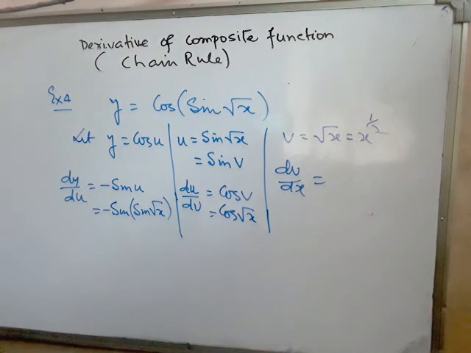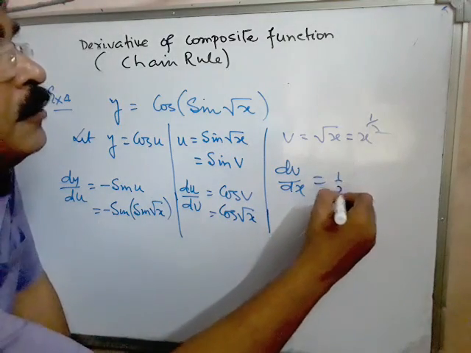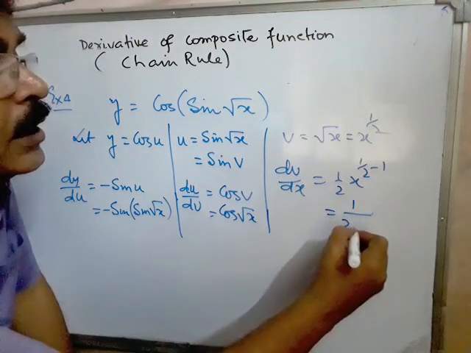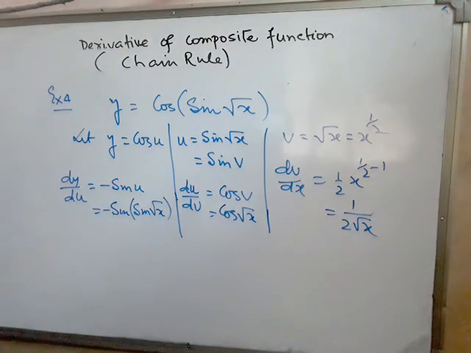The answer will be half x to the power half minus 1, which will be written as 1 by 2 root x.